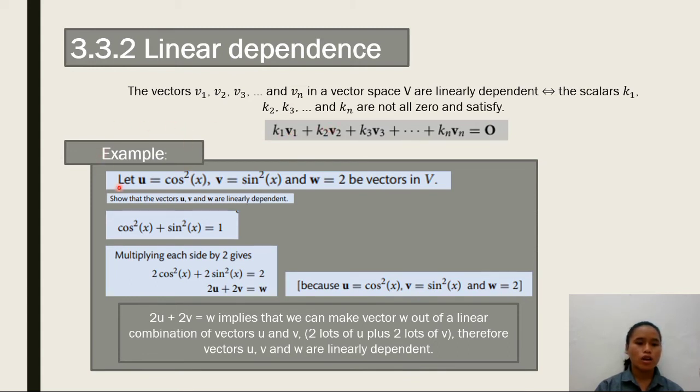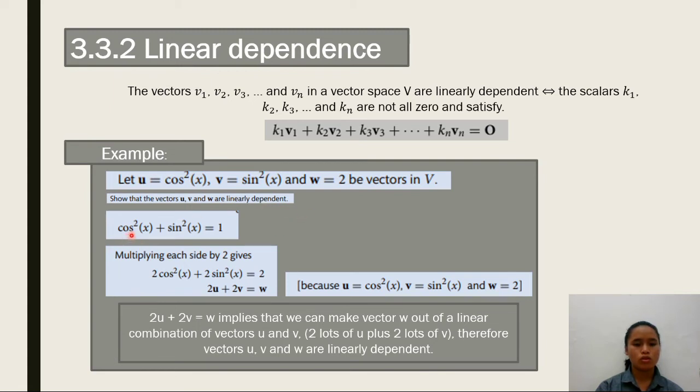So this is an example. We have u, v, and y, where y is a vector in v. Show that the vectors u, v, and y are linearly dependent.